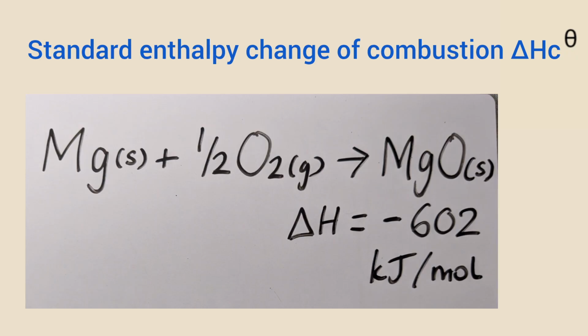So state symbols are really important in these enthalpy equations to show everything's in the standard states under standard conditions. Notice this equation could also be used to represent enthalpy change of formation of magnesium oxide and would have the same enthalpy change value since it's the same reaction, because not only are we burning magnesium completely in oxygen, we're also forming 1 mole of magnesium oxide from its elements.